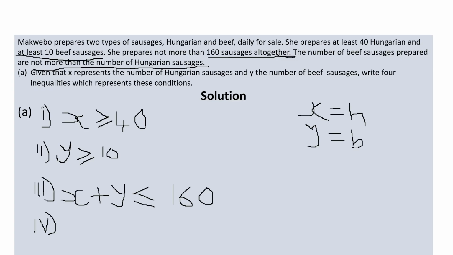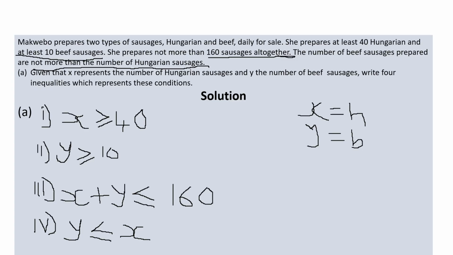In short, the beef shouldn't exceed the Hungarian. Remember, the beef is y, so y is less or equal to x. These are the 4 inequalities we have come up with.